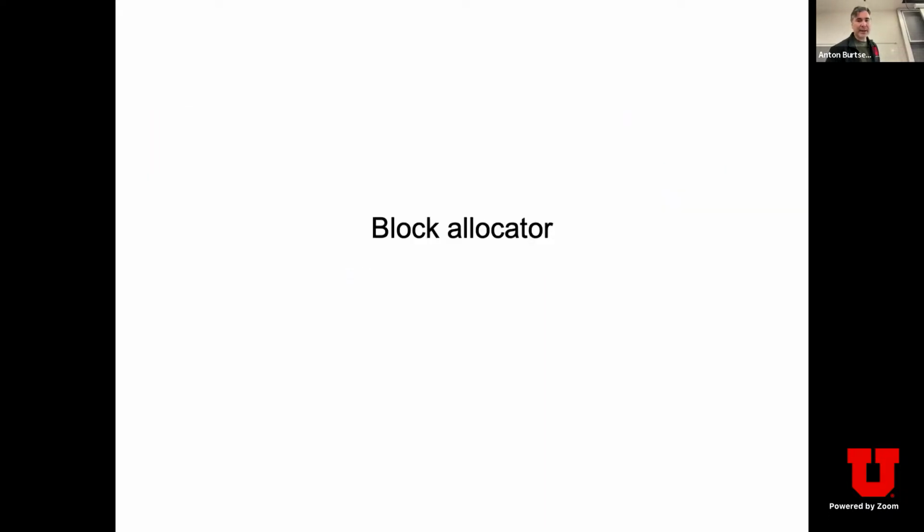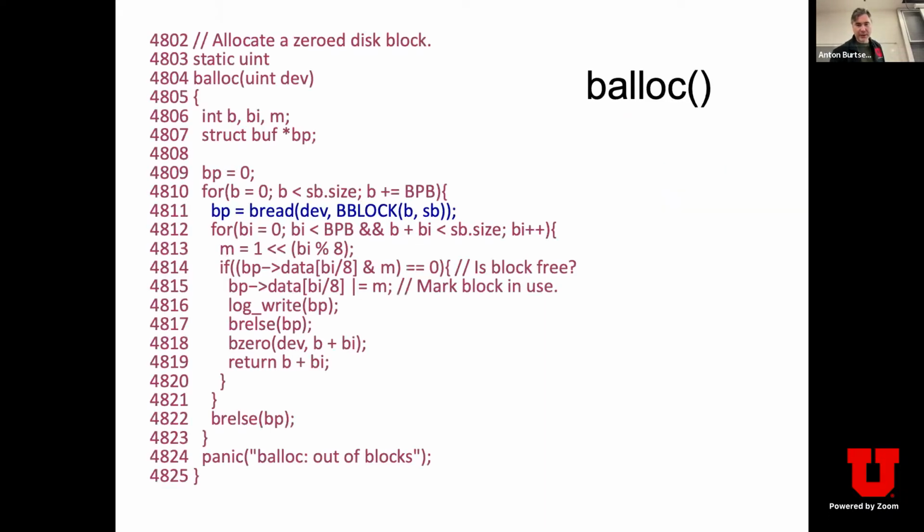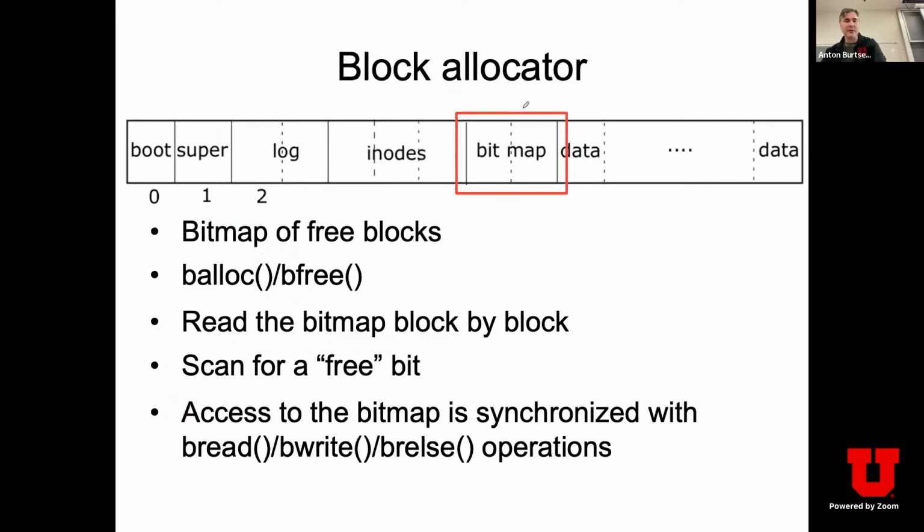So the block allocator, we discussed it, it's conceptually simple. It's literally a bitmap. Getting the code correct is a little tough. Imagine that you read in units of 512, then typically your machine allows you to address individual bytes, but you're really looking for bits.